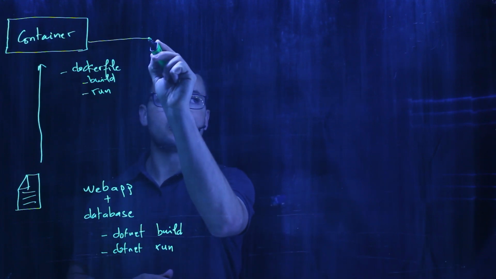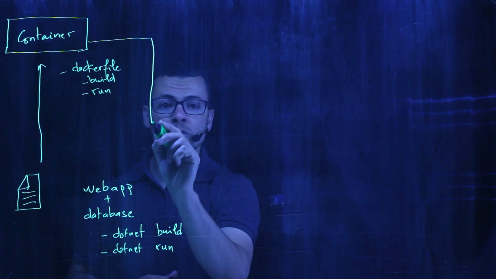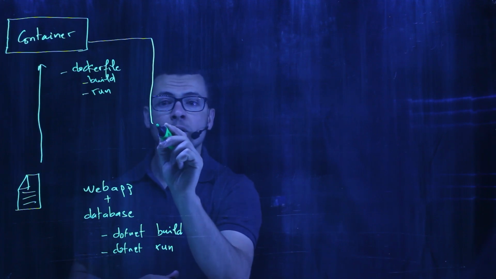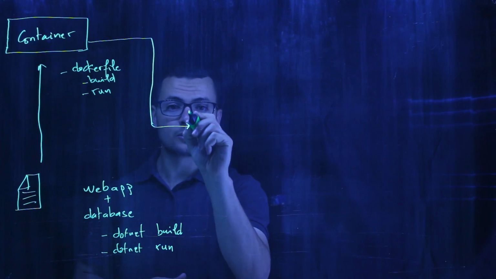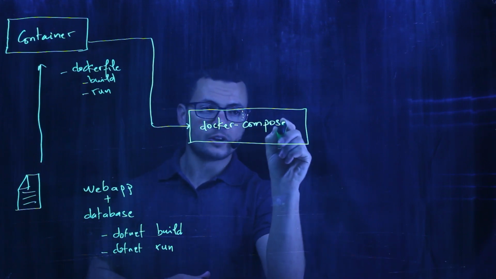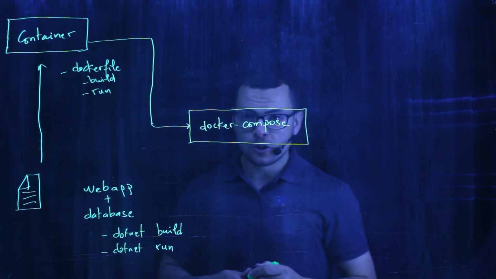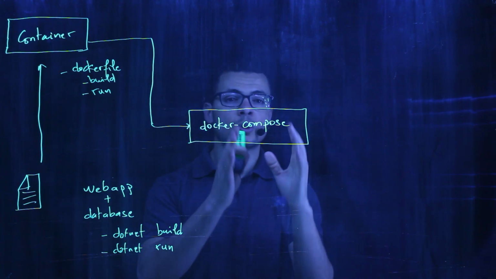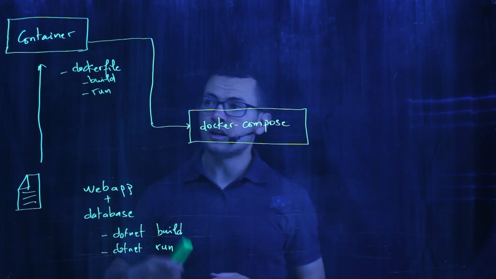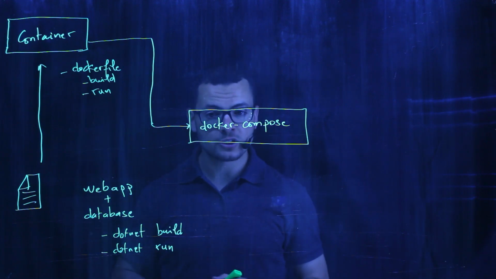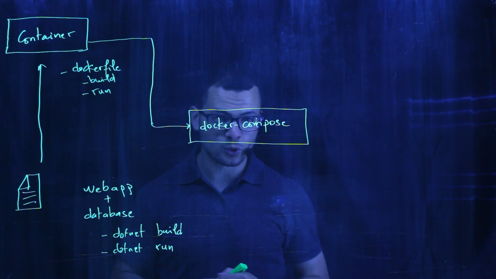So we'll go from our container, and here we'll go to use Docker Compose. So we'll go inside this phase, and here we'll be using Docker Compose. The role of Docker Compose is to compose multiple services that we have. So here, as we said, we have two containers, and we'll have connectivity between those two containers.